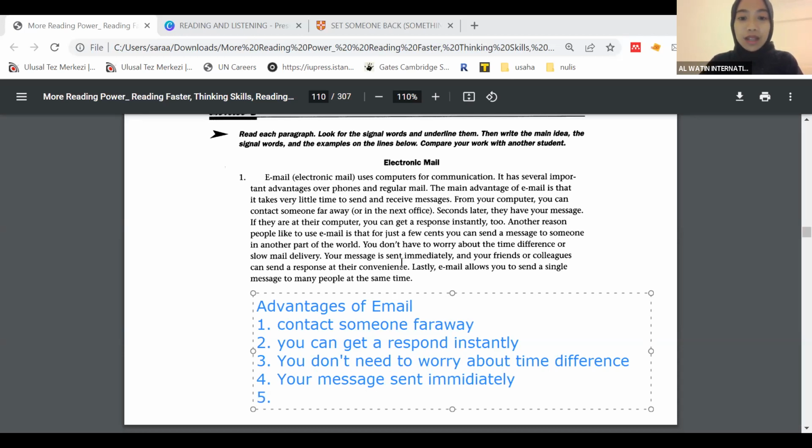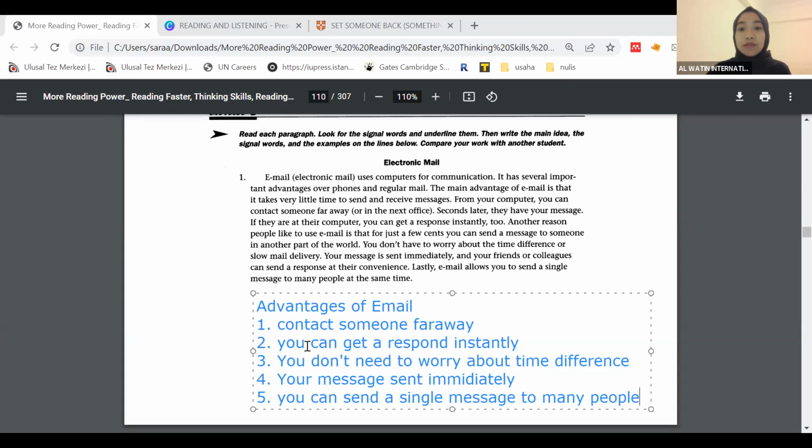Lastly, there is a keyword there: you can send a single message to many people at the same time. Yes, so five lists, five advantages the writer wrote.